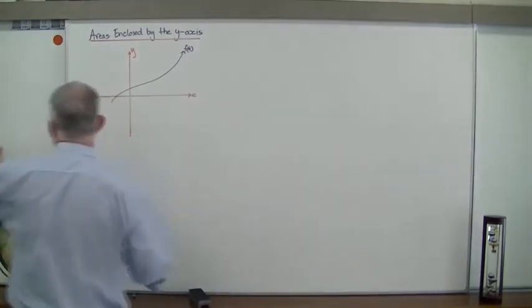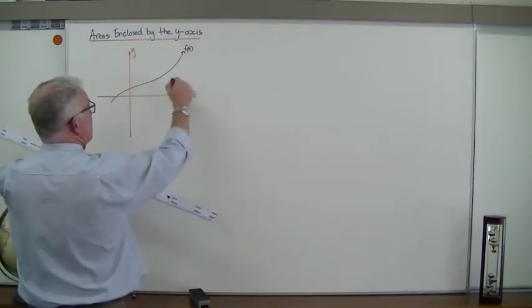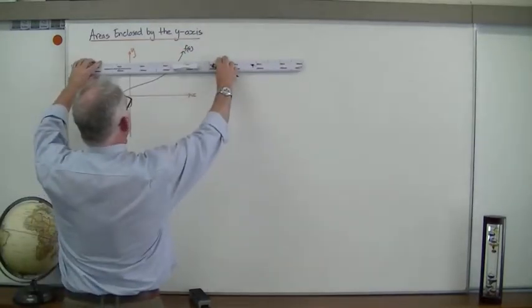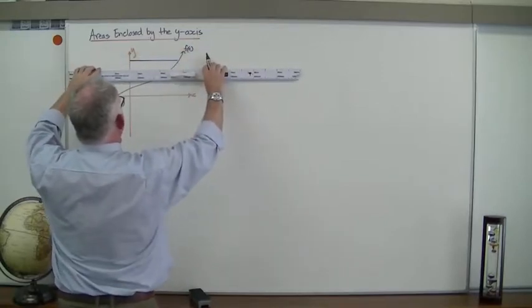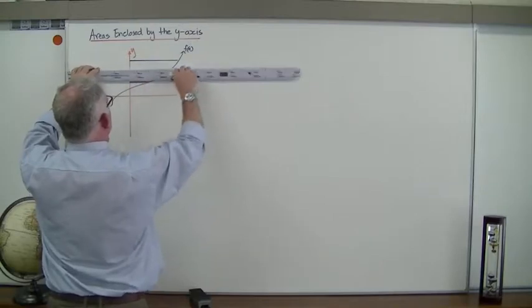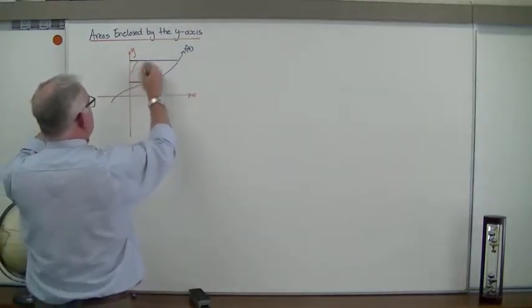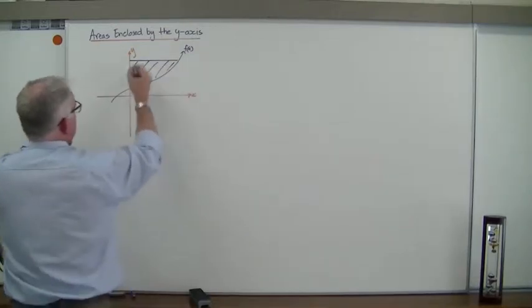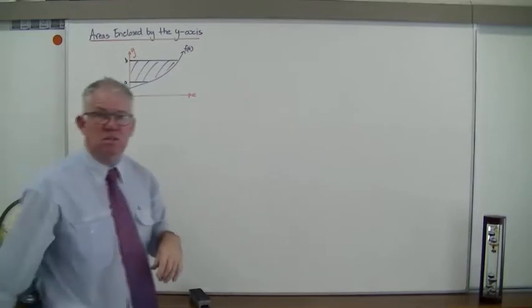In this particular case, what we've got is some function, but instead of finding an area between this function and the x-axis, we're trying to find an area between this function and the y-axis. We want to find this area here, and it's still probably going to be from A up to B. They will be our limits.